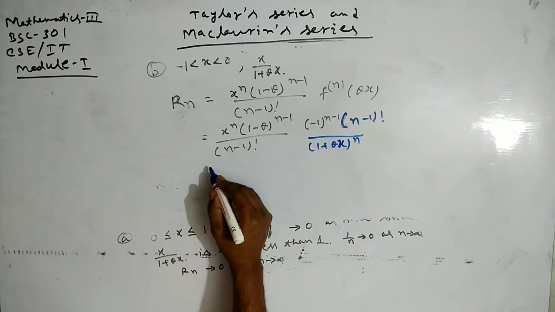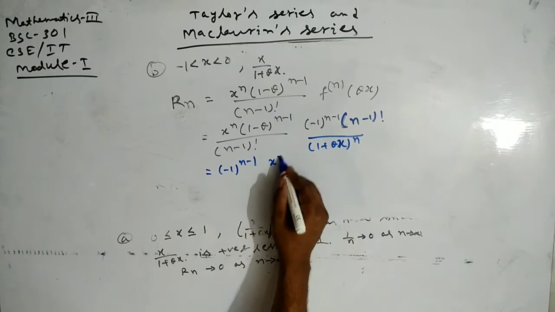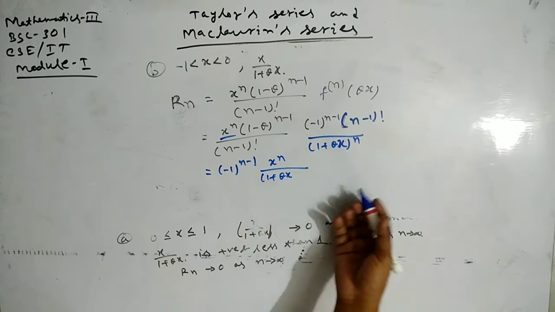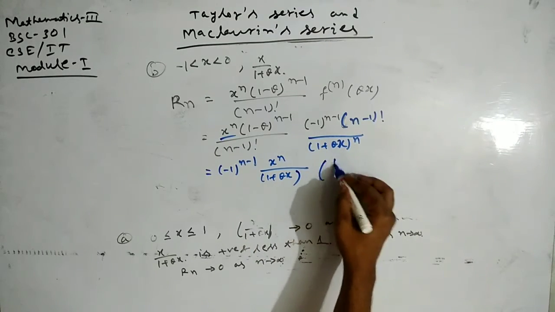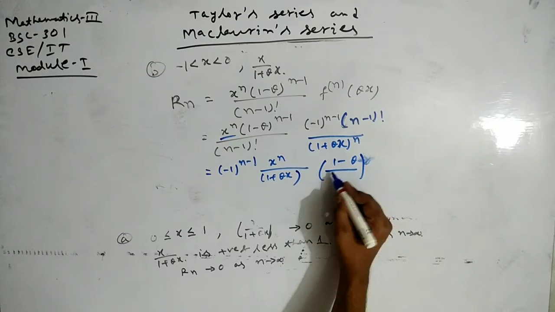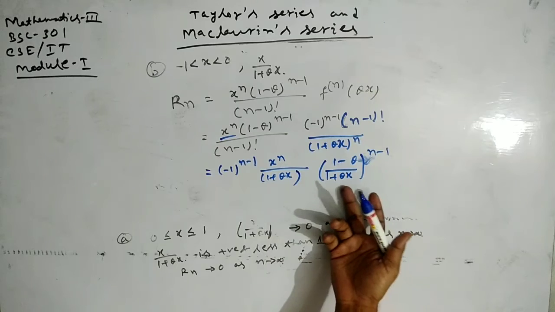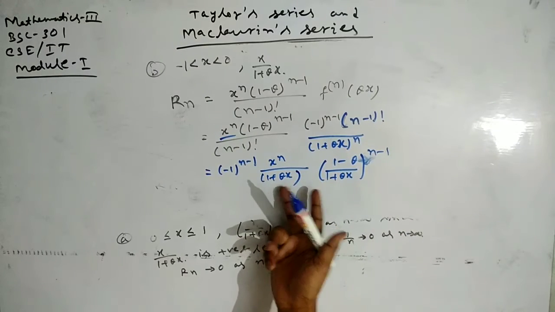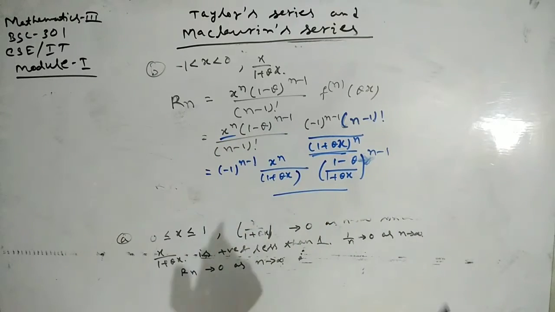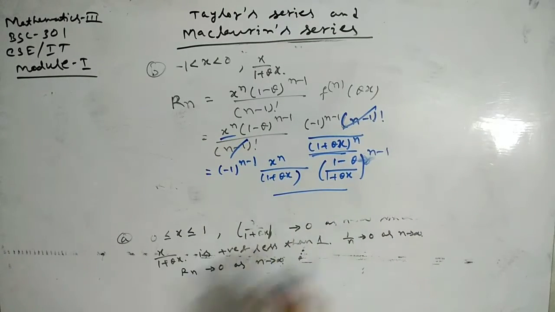This is equal to (-1) to the power n minus 1. If we simplify, x to the power n by 1 plus theta x into (1 minus theta) by (1 plus theta x) whole to the power n minus 1. Here (1 plus theta x) to the power n minus 1 into (1 plus theta x) is (1 plus theta x) to the power n, and n minus 1 factorial cancels out. So by simplifying, I have written this.